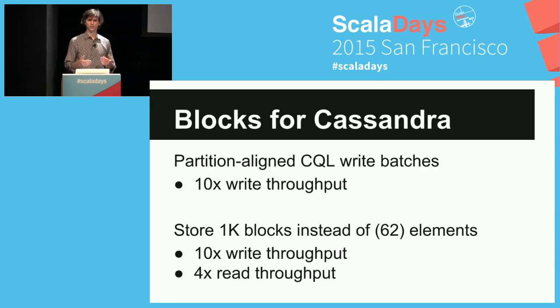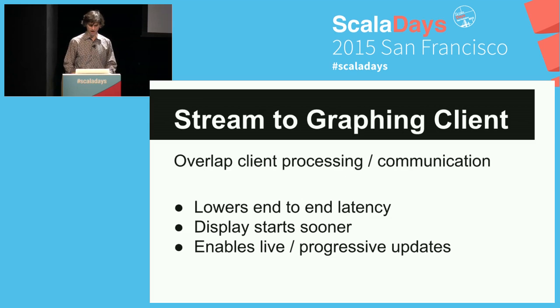In Cassandra, we've seen an order of magnitude improvement, even two orders of magnitude improvement, by moving to blocks. And extend the streaming idea not just between the JVM-based servers in your server cluster, but all the way out to your visualization clients. That gives you some of the same benefits.